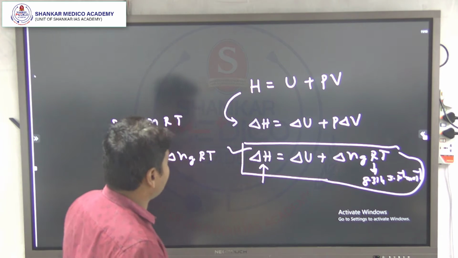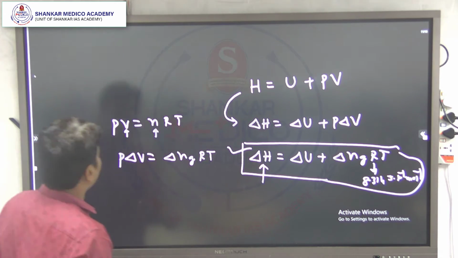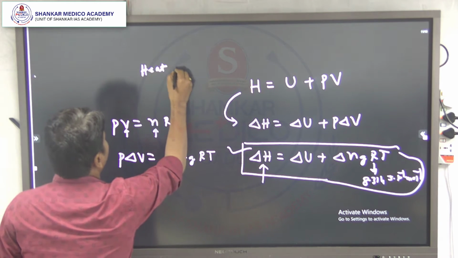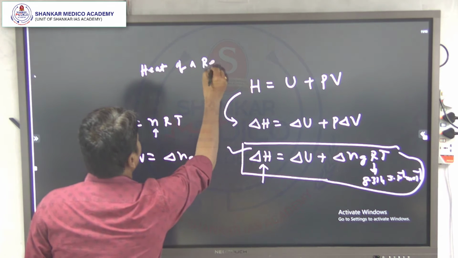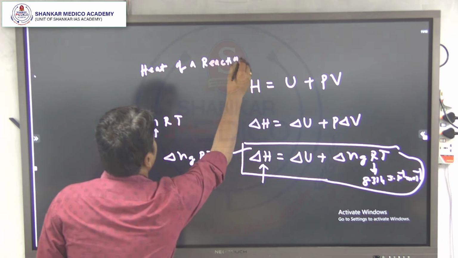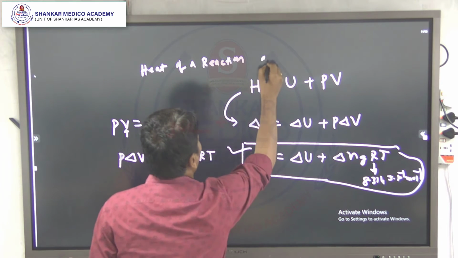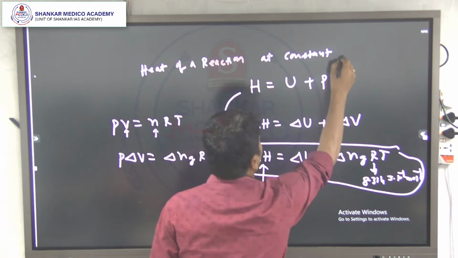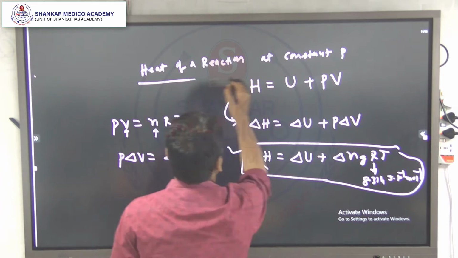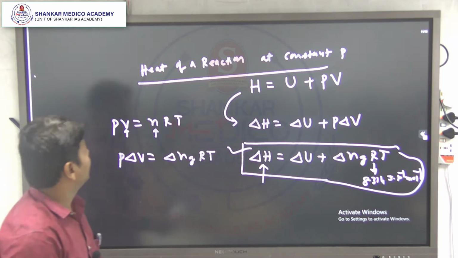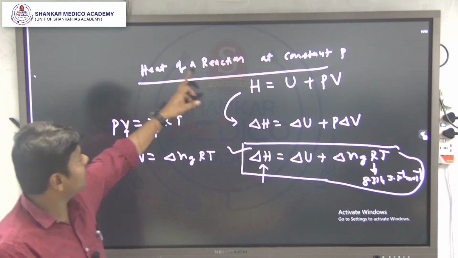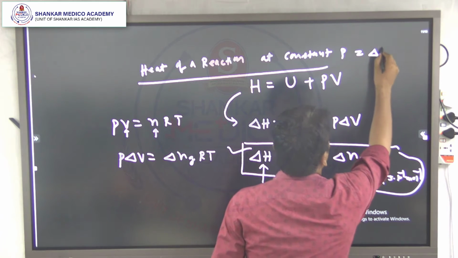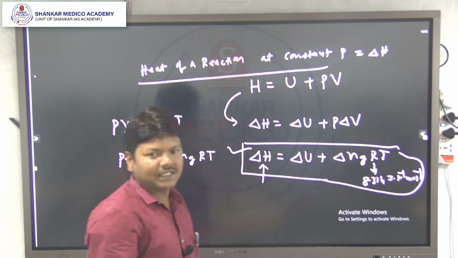The indirect way of asking is that they will give the heat of a reaction at constant pressure. If this statement is there, they are talking about the heat of a reaction at constant pressure, which is nothing but your delta H.